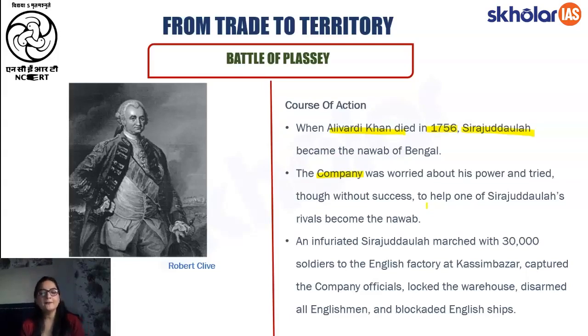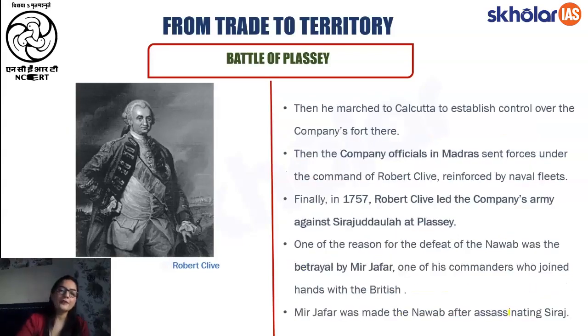Because of this, he marched with around 30,000 soldiers to the English factory located at Qasim Bazar and in turn captured the company officials, locked their warehouse, disarmed all the Englishmen and blockaded the English ships. Sirajud-Dowla then marched on to Calcutta to establish control over the company's fort.